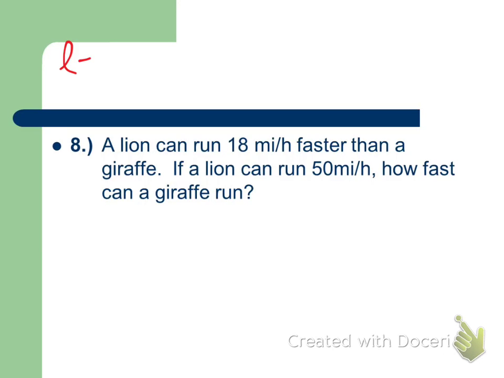So L will represent the lion rate. You could use something different, like how fast a lion goes, or lion's pace, but rate would be the mathematically best word. And G is going to represent the giraffe's rate.